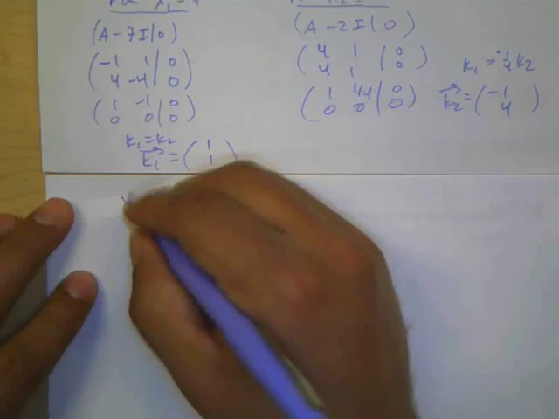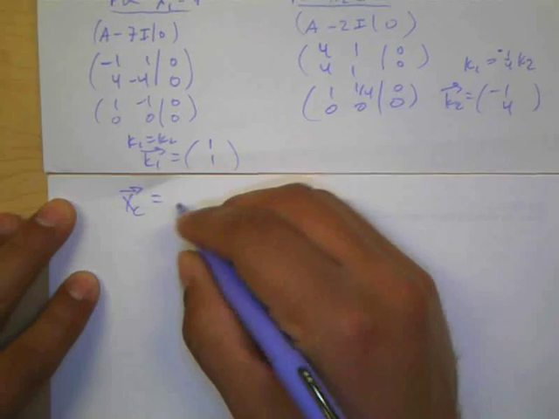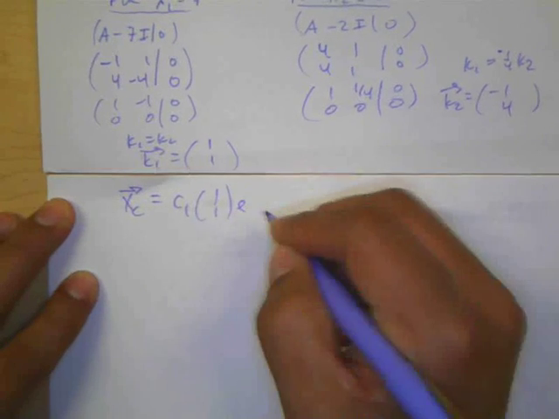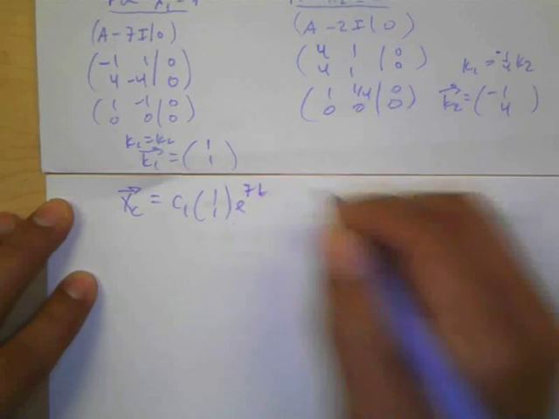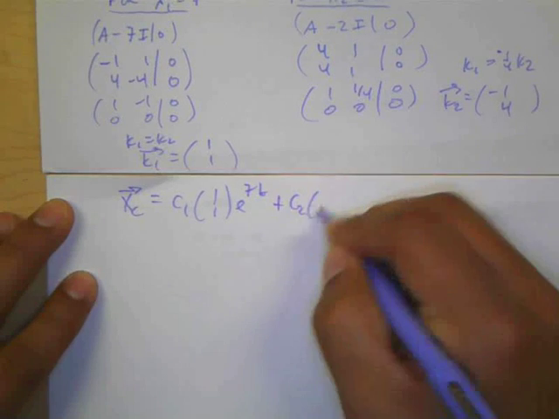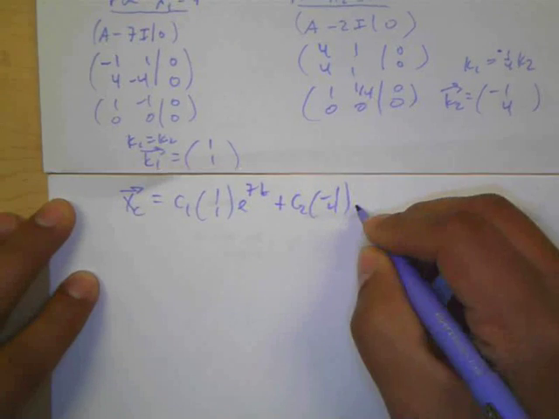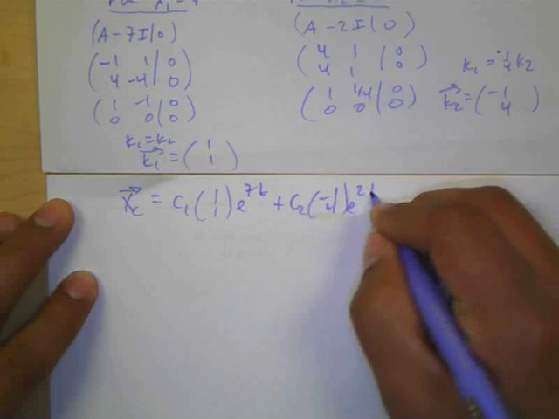So our complementary solution is C1, 1, 1, e to the 7t plus C2, negative 1, 4 times e to the 2t.